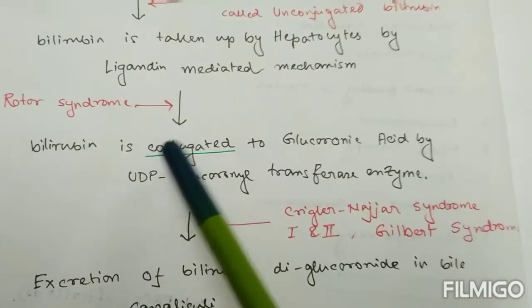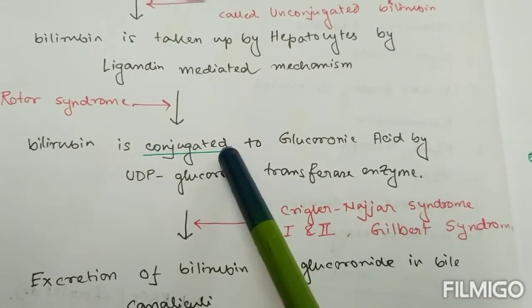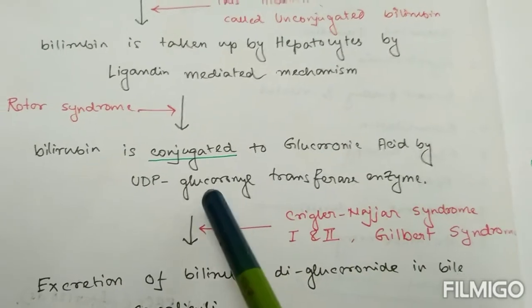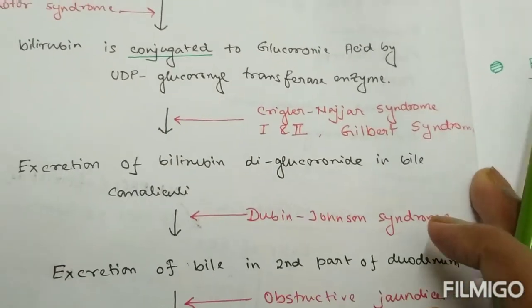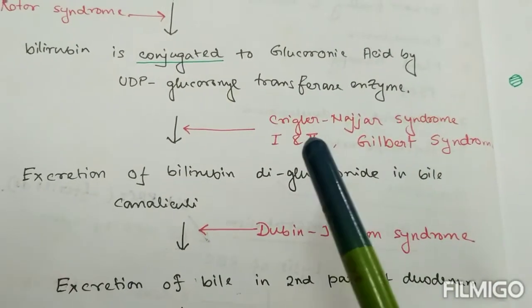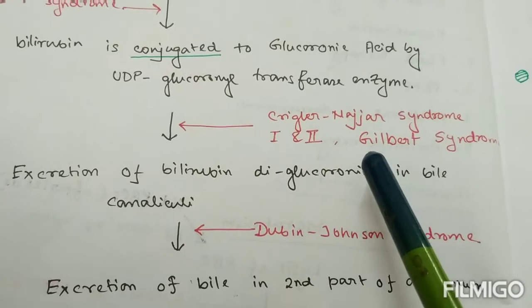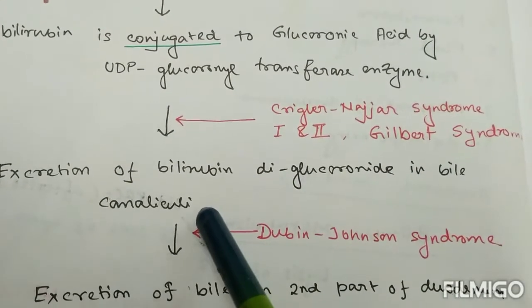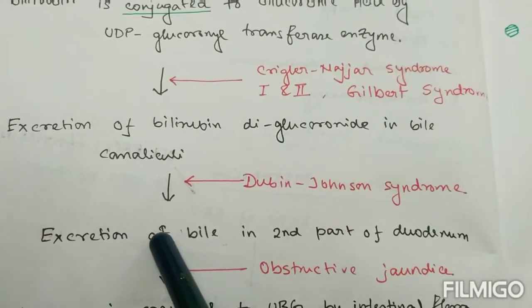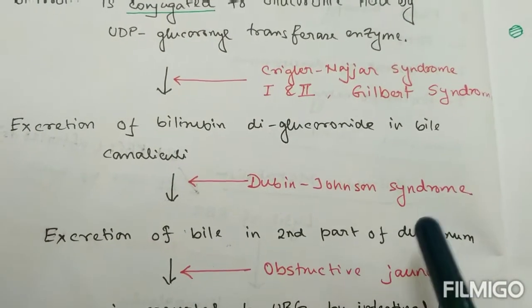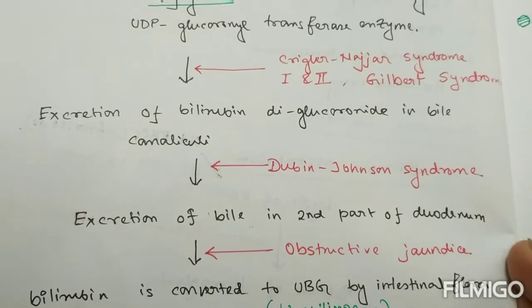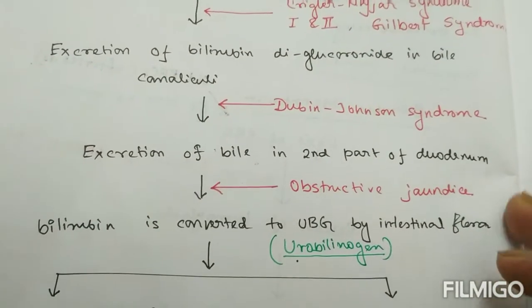After the uptake, bilirubin is conjugated to glucuronic acid by the UDP glucuronyl transferase enzyme, and the conjugated bilirubin, that is bilirubin diglucuronide, is excreted into the bile canaliculi, and finally into the second part of the duodenum by the common biliary duct.